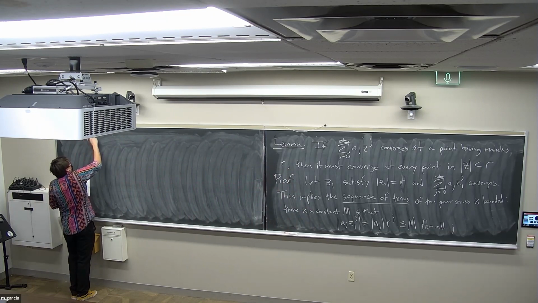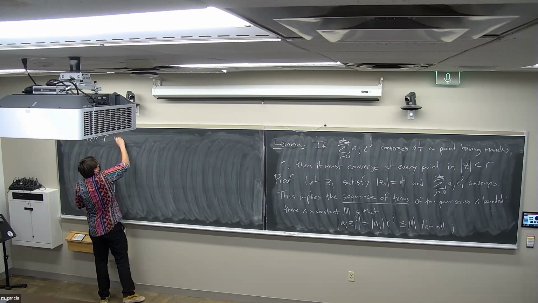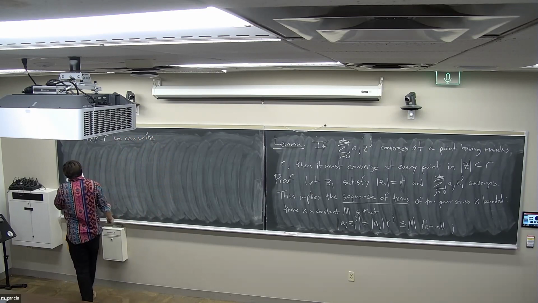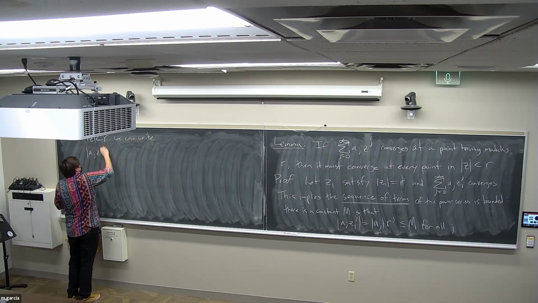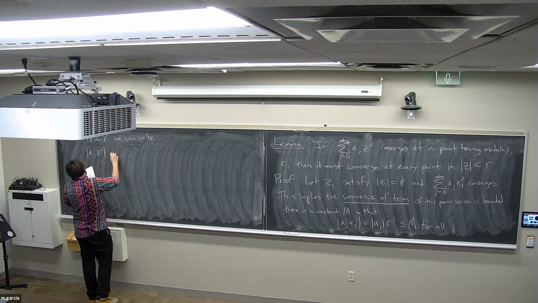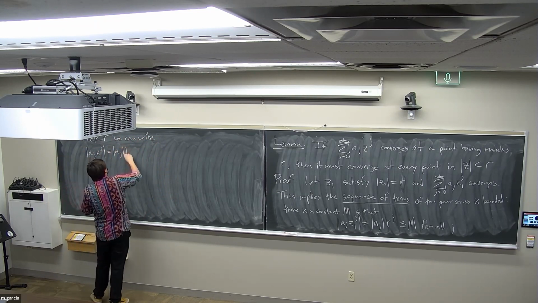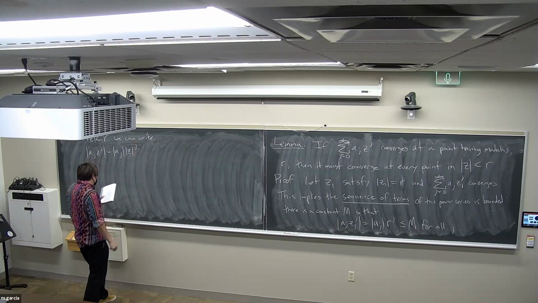Then for the modulus of z strictly less than r, we can write the following: the modulus of a sub j times z raised to the j is equal to, again by the multiplicativity of the modulus function, you can pick this apart.